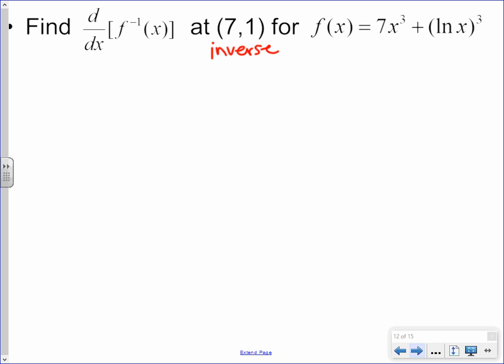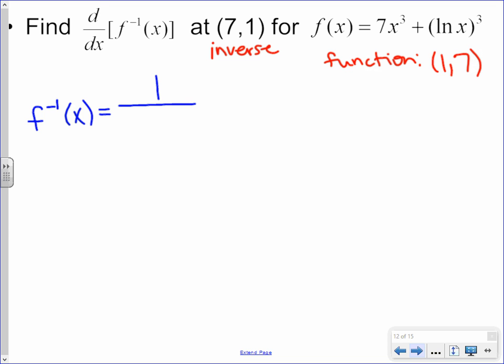Okay. So, what does that mean about the function? What coordinate are we looking at for the function? 1, 7. Okay. All right, so let's write our rule. F inverse prime of x equals 1 over f prime of f inverse.